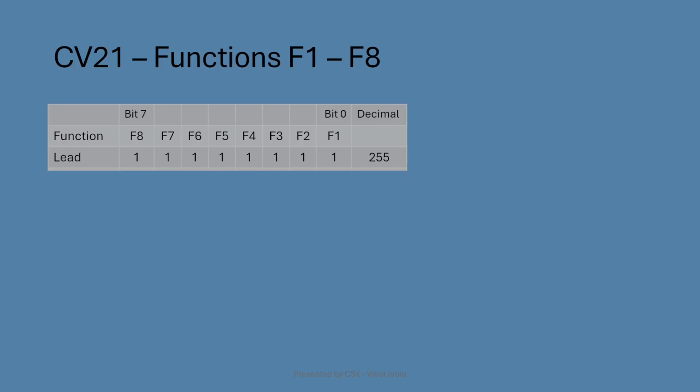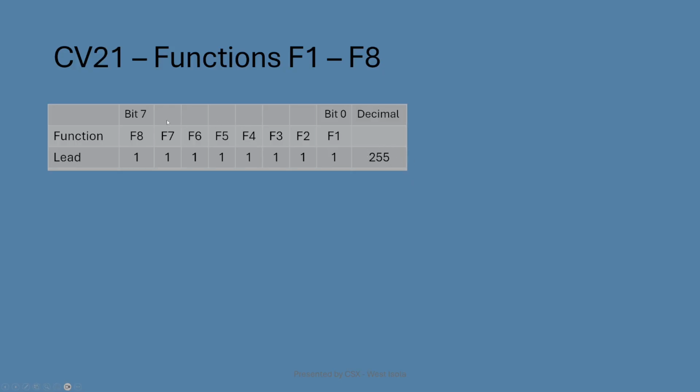So going back, if we look at our lead loco, for example, we want it to react to all of F8 to F1. So we put a 1 in the ones we want it to react to. So this is binary, bit 0 to bit 7, and the decimal equivalent of that is 255.